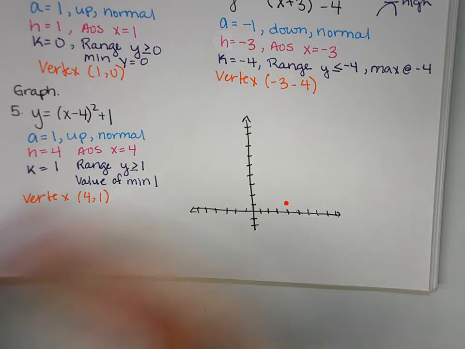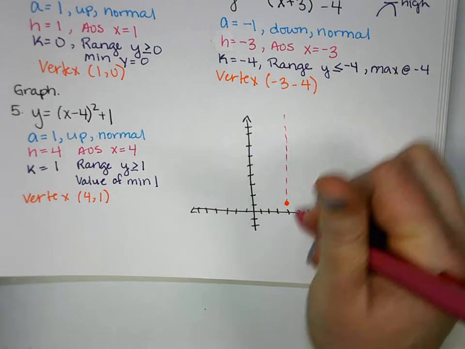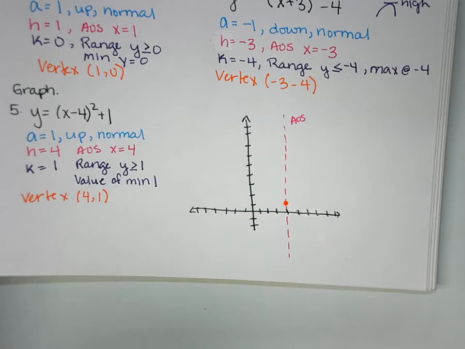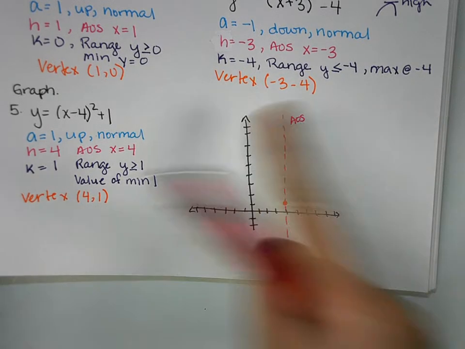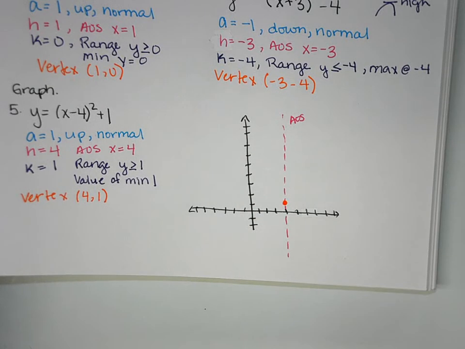It's going to be the vertical line that goes through the vertex. That's your axis of symmetry. We're going to use that to help us not have to make a table of values. That's one of the things we like about vertex form: by using this line, I know that everything on this half has to reflect over to the other side. We're going to use that reflection so we don't have to do as much work, as much algebra.